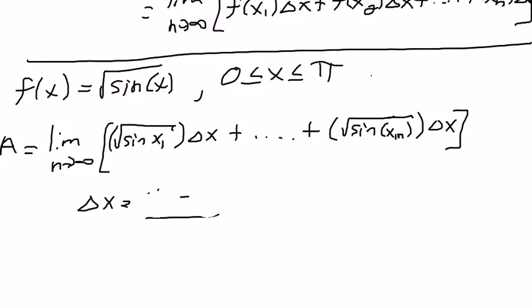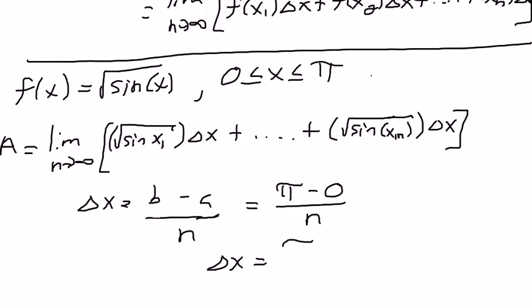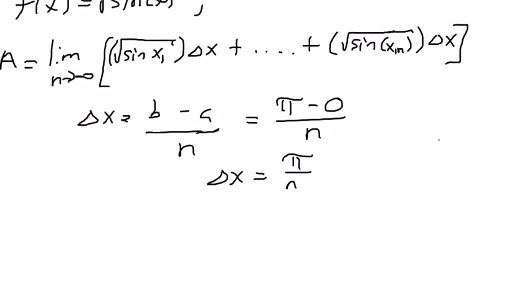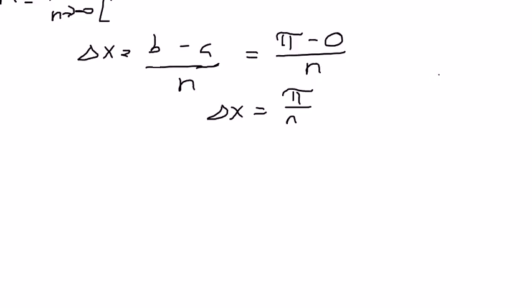To keep this in simple terms, since we've already used x i, we'll call these b and a. Divide that by n. You can see here that this is going to be pi minus 0 divided by n. Therefore, delta x equals pi over n. The reason you're dividing by n here is because you have n rectangles.